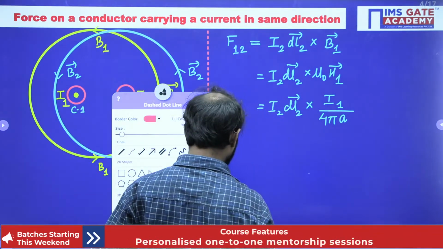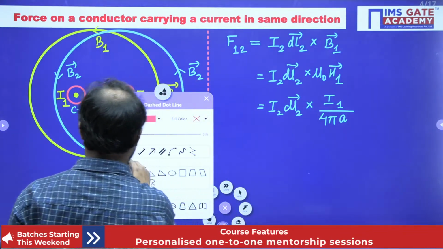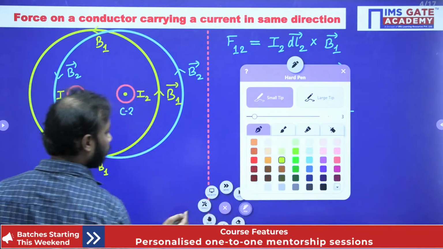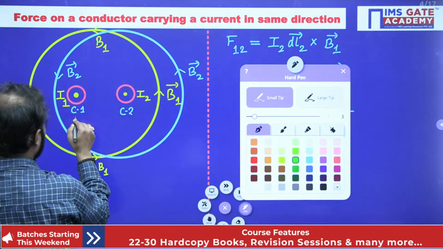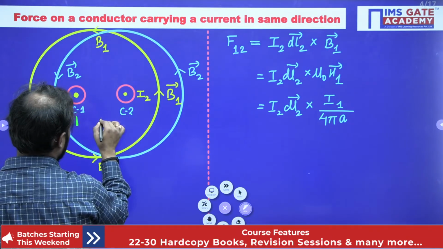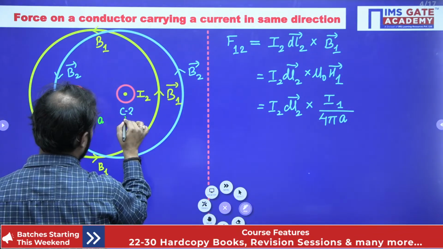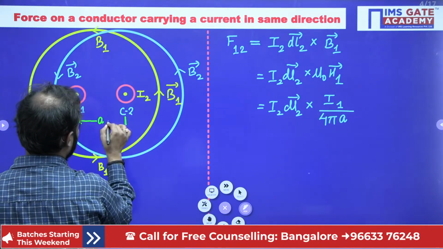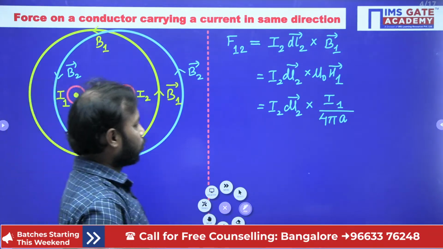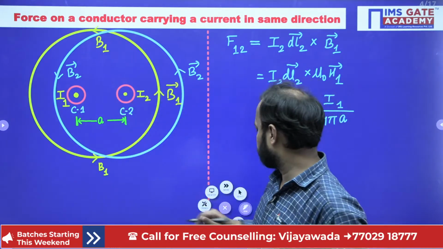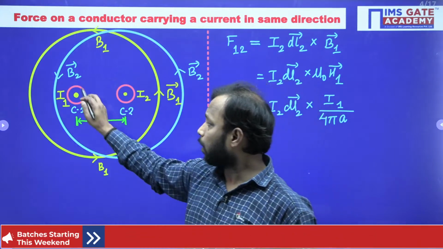Now, what is A here? A is the distance between these two conductors. This distance is A. So I1 upon 4 pi A is the expression for the magnetic field strength.